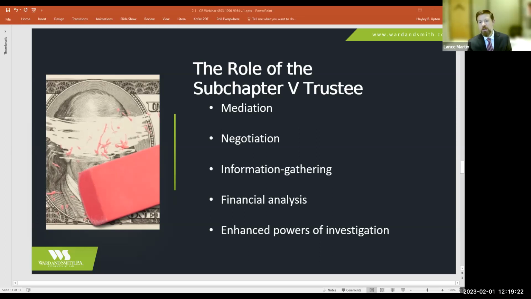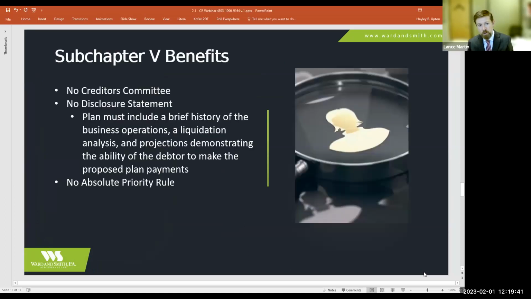This is something that the debtor essentially has to pay for, or the trustee is going to have to do it essentially pro bono. So that's in a nutshell what you need to know about this new character of the Subchapter 5 trustee. I'll now turn it back over to Paul to talk about benefits of Subchapter 5 and what you can expect to see versus what you won't see that you would see in a traditional Chapter 11.